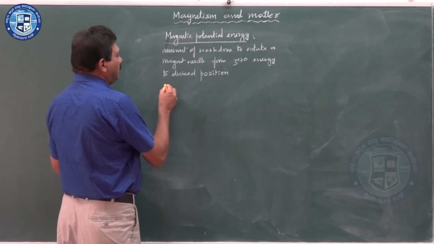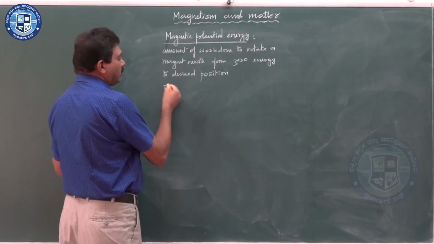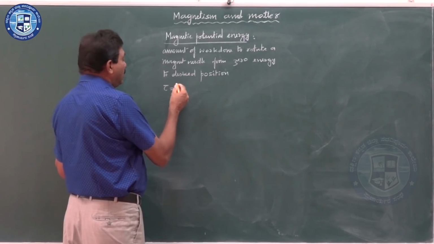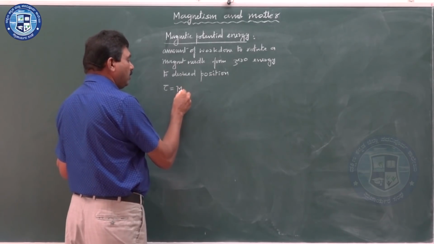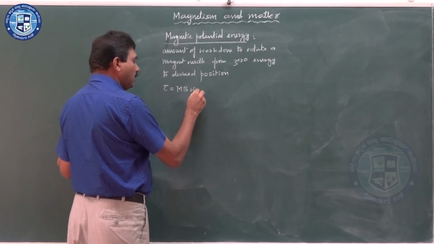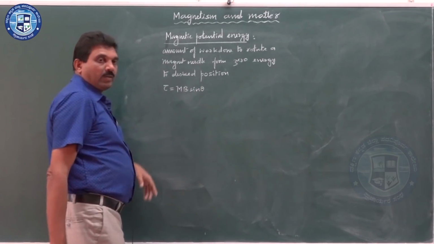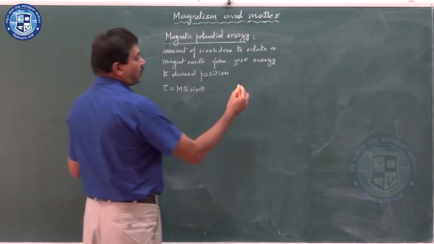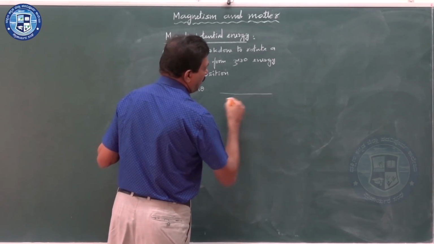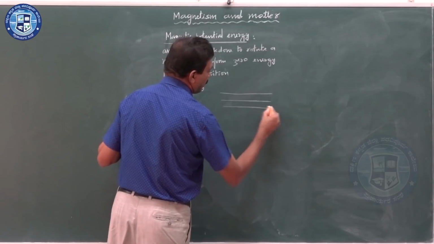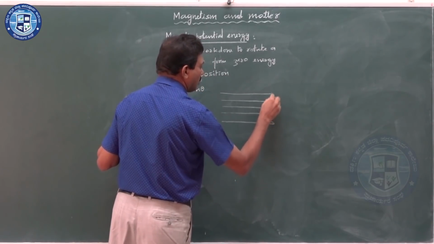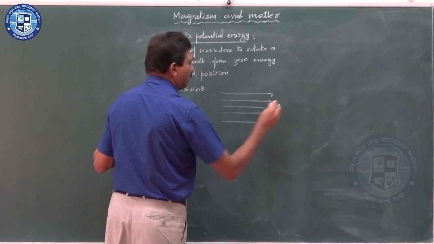So, let us consider the formula for torque. Torque is given by, this is the magnetic torque, the formula m B sin theta. Now, this is the uniform magnetic field.